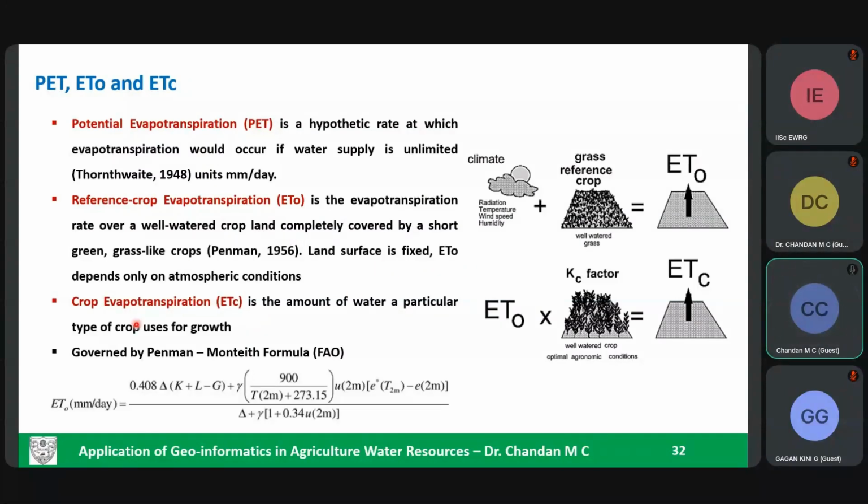Then we have the actual crop evapotranspiration. We have varied crops, like sugarcane, paddy, cotton, jute. So in particular, how much does a crop require? That is called crop evapotranspiration, and this is governed by the Penman-Monteith formula, wherein you can estimate ET0, the reference evapotranspiration. Once you know the reference evapotranspiration, you can calculate the actual evapotranspiration.